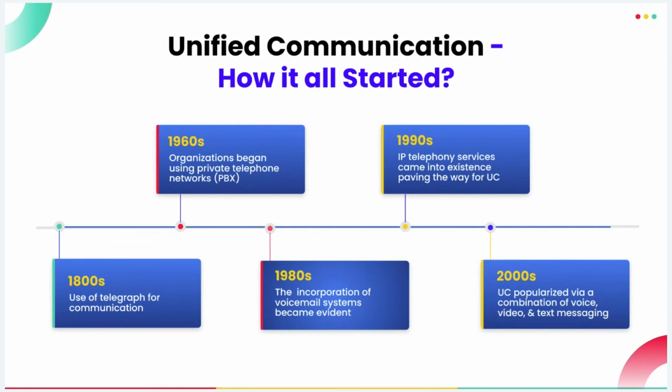Then in 2000, unified communication became popular across every individual, because every product, solution, and application that you use had its own chat, voice, text, or email system. That is how it evolved.